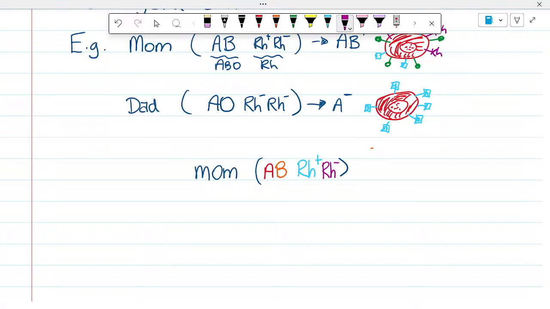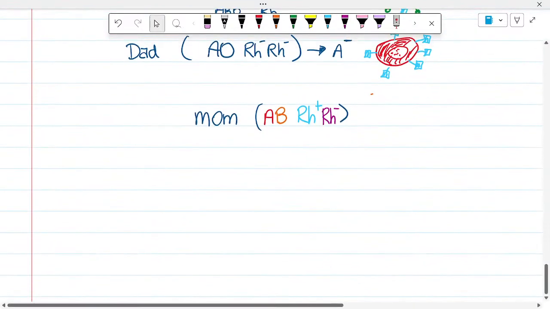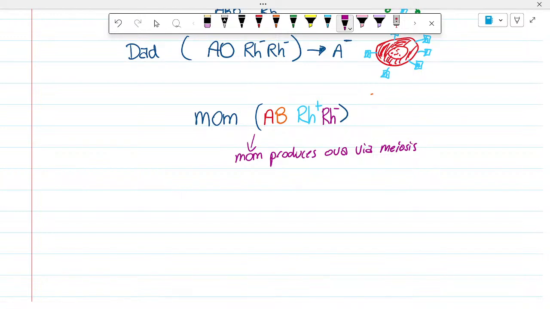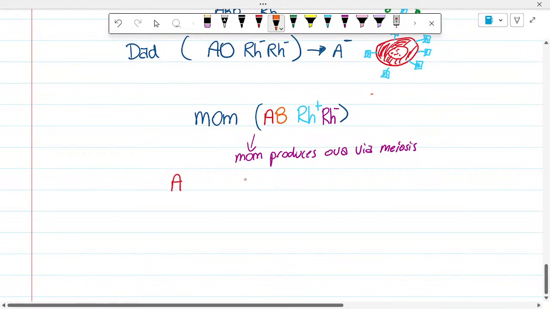When she goes to make ova, through what process? Yes, via meiosis. Mom will produce ova. How many ways could these come together? Well, a single ovum will either have her A allele, or it will have her B allele.